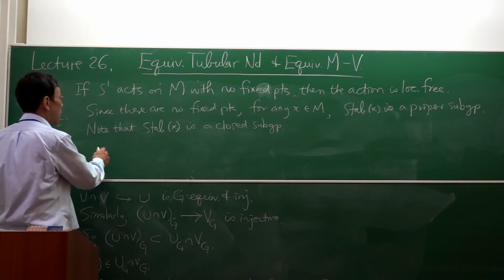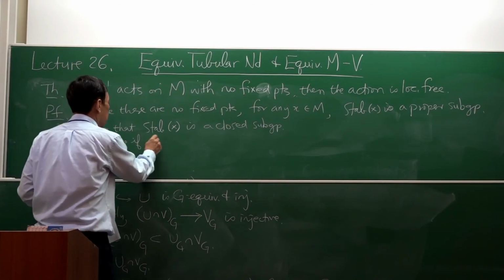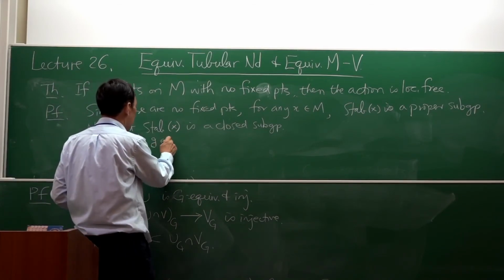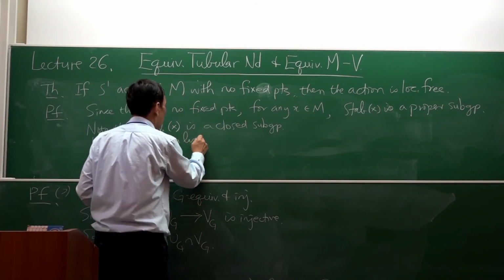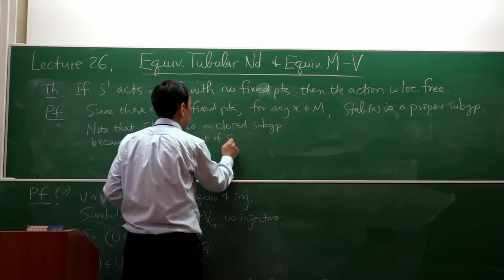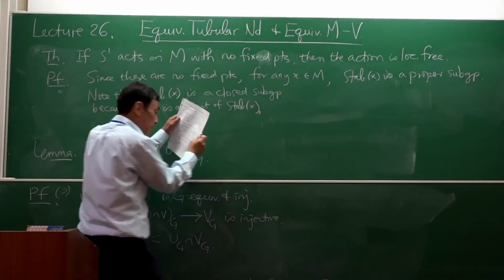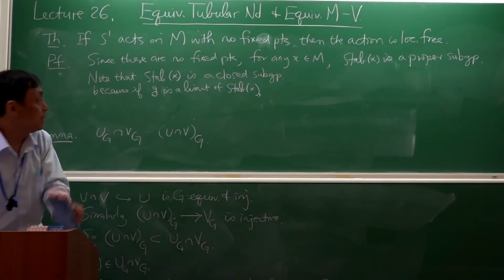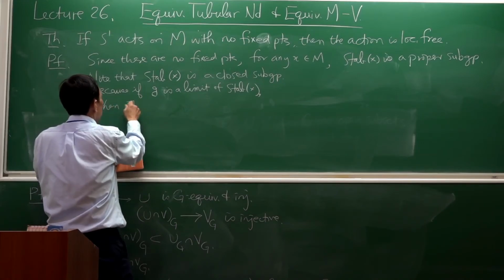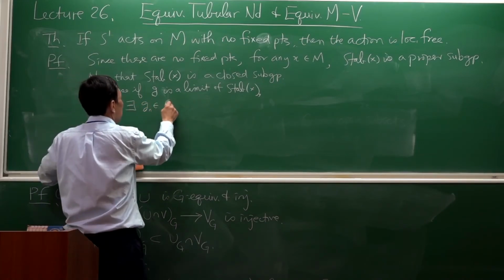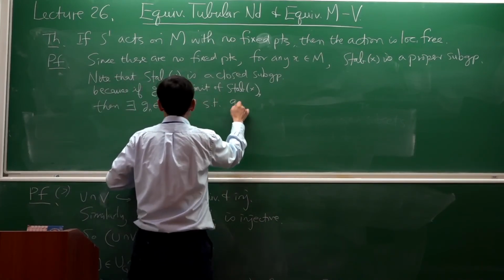Because if g is a limit point of the stabilizer, then there's a sequence g_n in the stabilizer that converges to g.